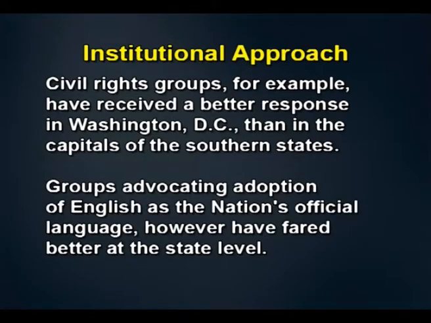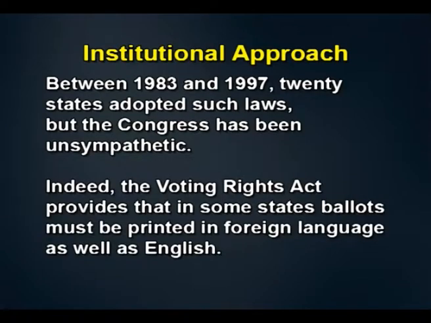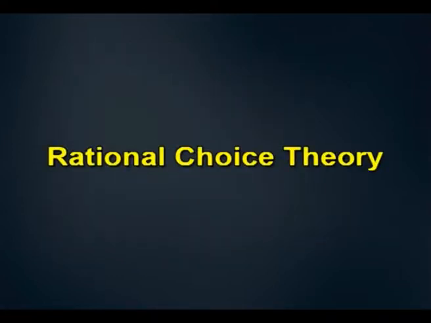Groups advocating adoption of English as the nation's official language, however, have fared better at the state level. Between 1983 and 1997, 20 states adopted such laws, but the Congress has been unsympathetic. Indeed, the Voting Rights Act provides that in some states ballots must be printed in foreign language as well as English.